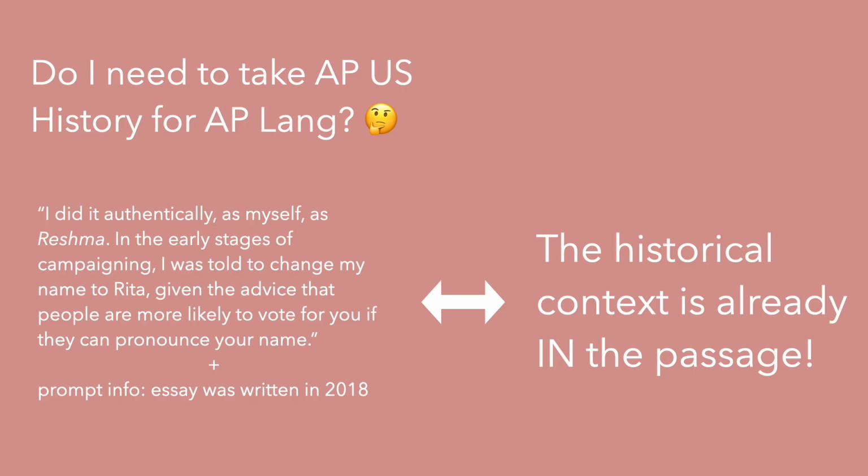In the early stages of campaigning, I was told to change my name to Rita, given the advice that people are more likely to vote for you if they can pronounce your name." And the prompt says the essay was written in 2018. And these 2 things combined are your context. You extracted it from the passage and the prompt, no outside knowledge required.